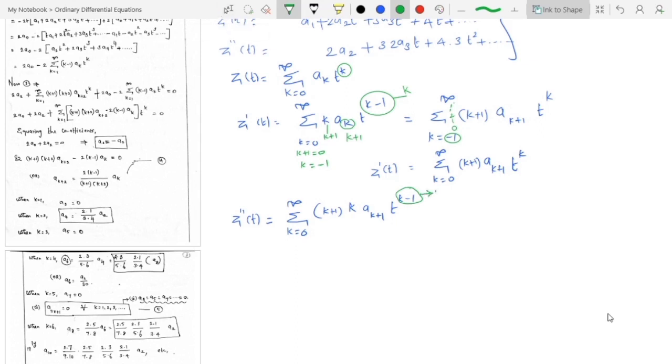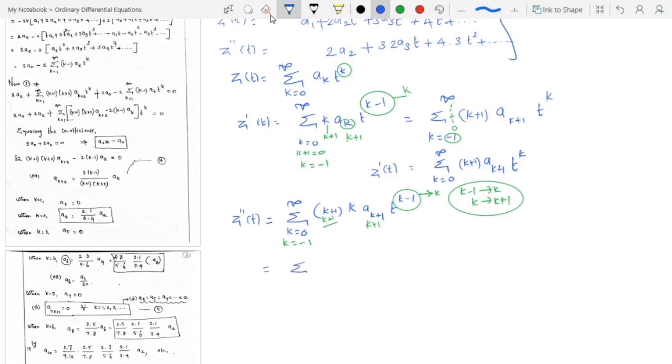Replace k minus 1 by k, that is k replaced by k plus 1. Here k replaced by k plus 1, here also k plus 1 plus 1. Here k plus 1 is equal to 0, that means k equal to minus 1 to infinity.